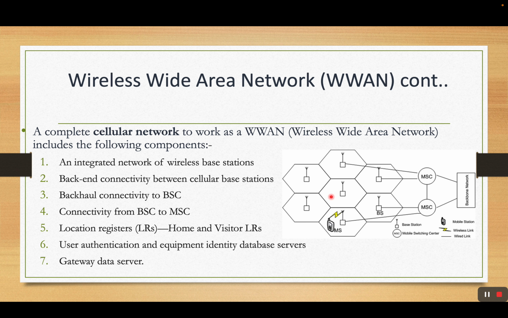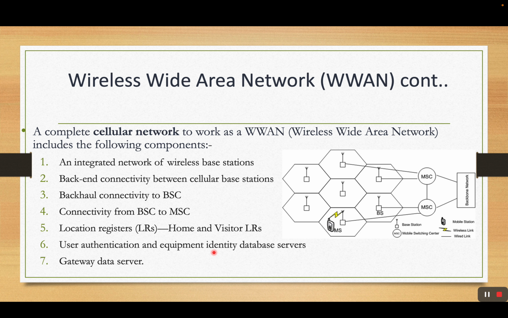Now, the location registers are databases that store information about the mobile devices and their current location. The home LR, which is location registers, stores information about the mobile device's home network, while the visitor LR stores information about the mobile's current network. Also here you have the user authentication and equipment identity database.